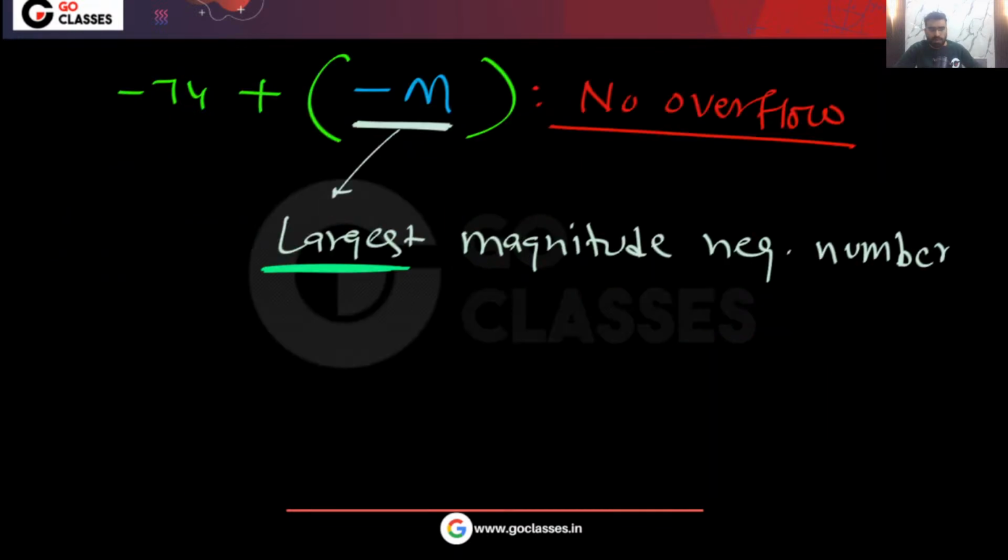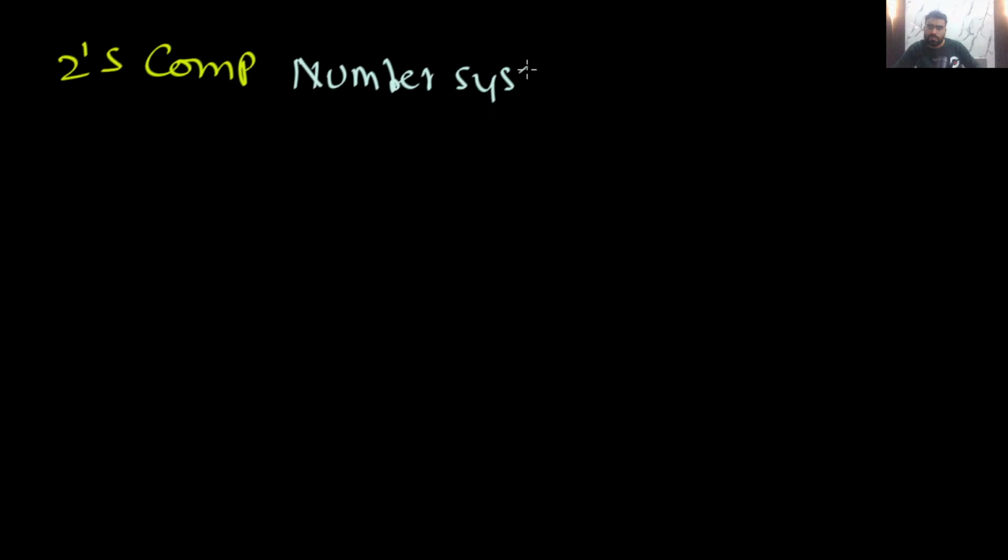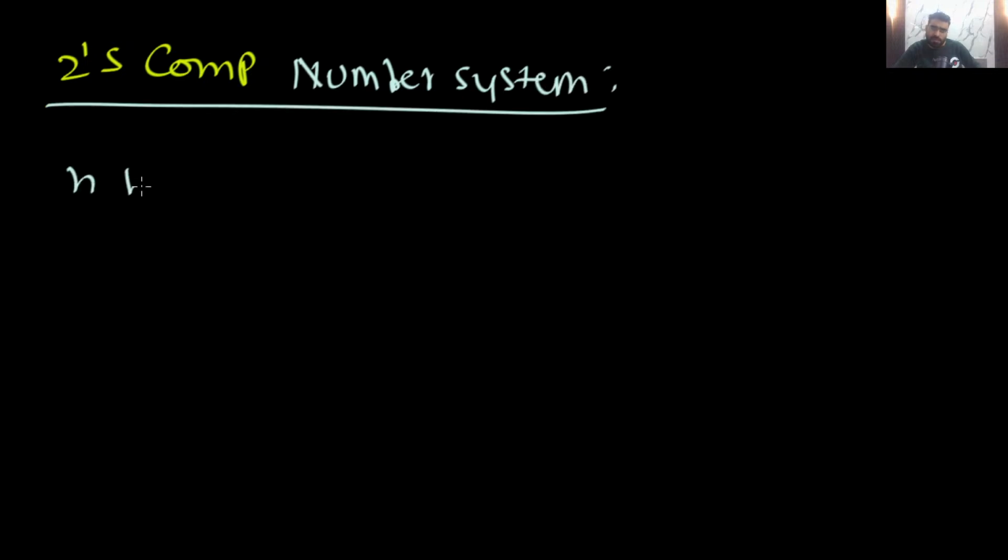So you tell me, in 2's complement, what is the range if you have 8 bits? In the 2's complement number system, if you have total n bits, then what is the range?